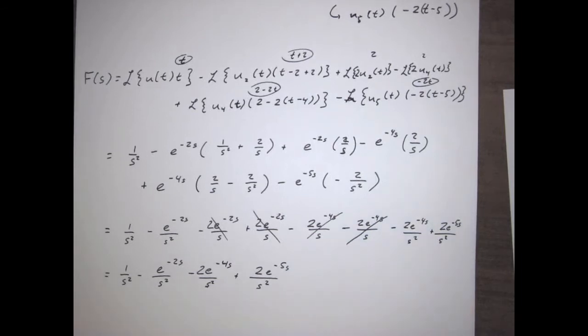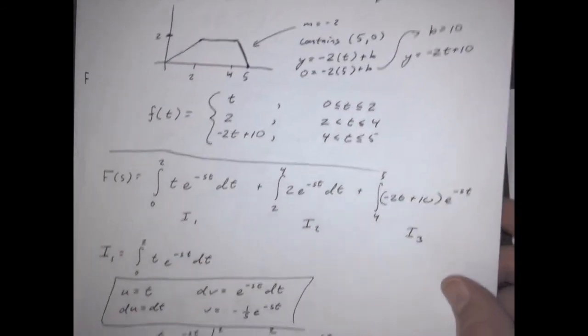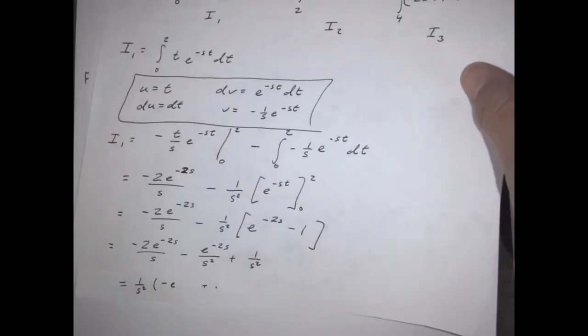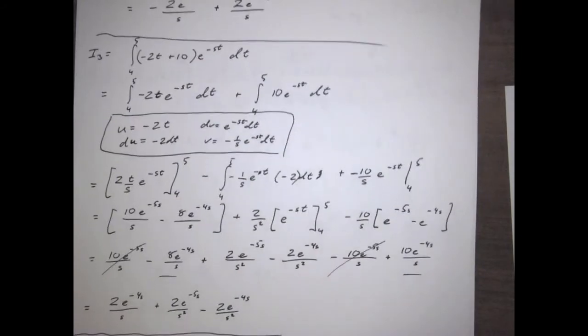Now this looks like a lot of work, but I will remind you how much work it took us the last time we did this very problem, back in section 7.1. If you'll recall, we had to set up these integrals, do the integrations by parts, and then put all the pieces together.